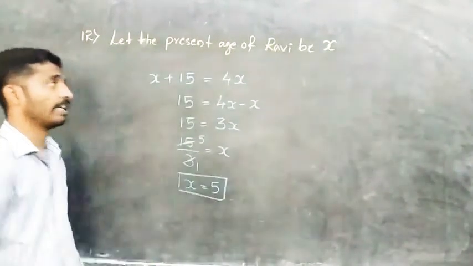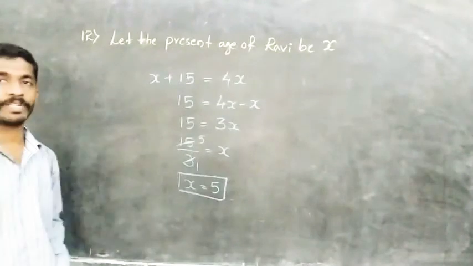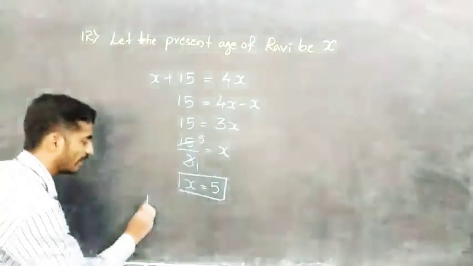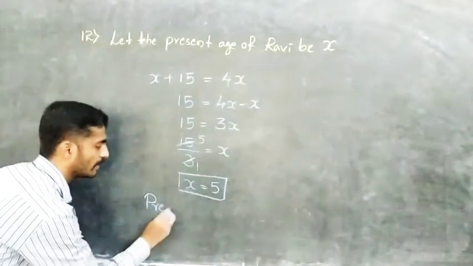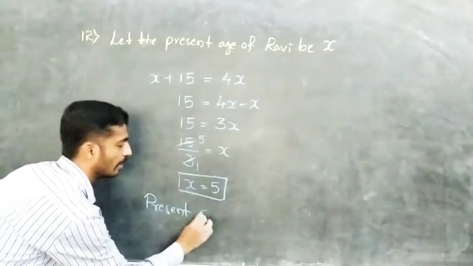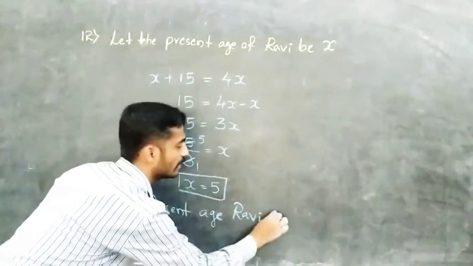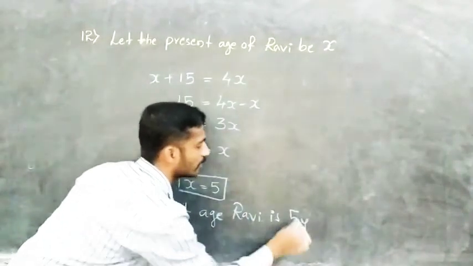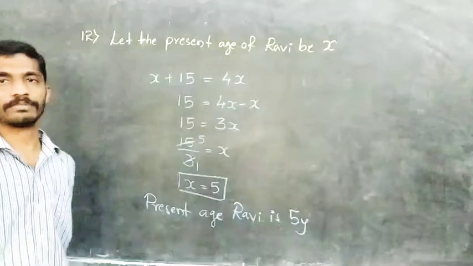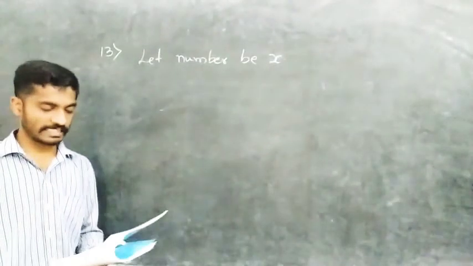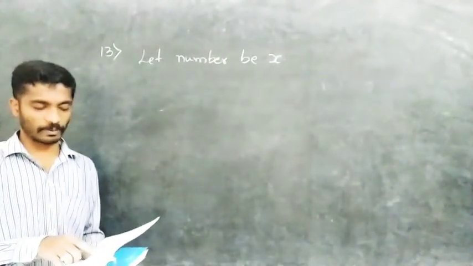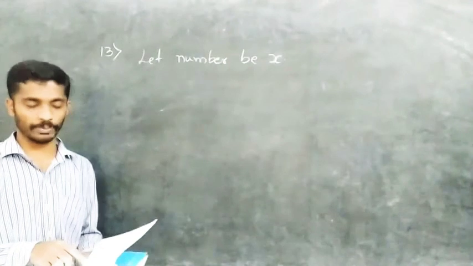So we got Ravi's present age. So present age of Ravi is 5 years.